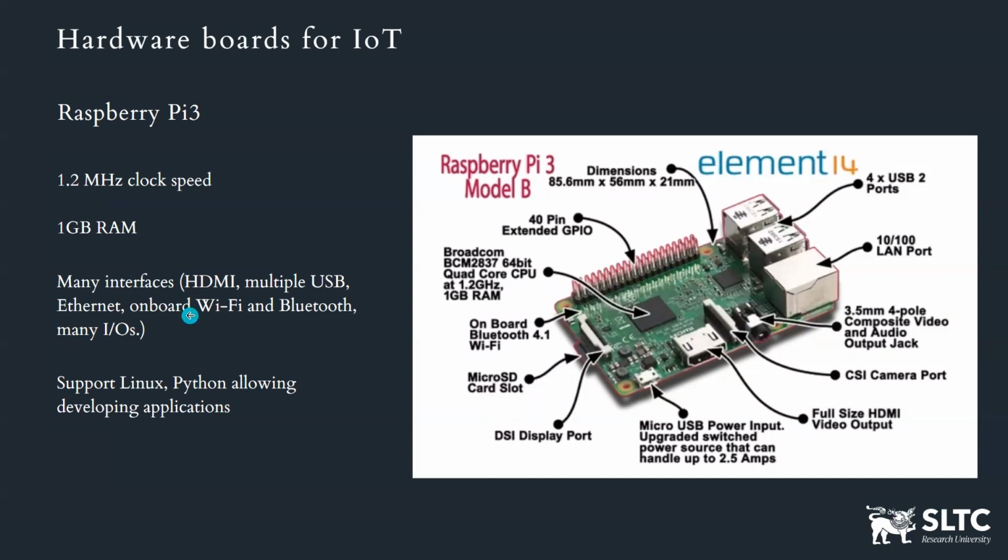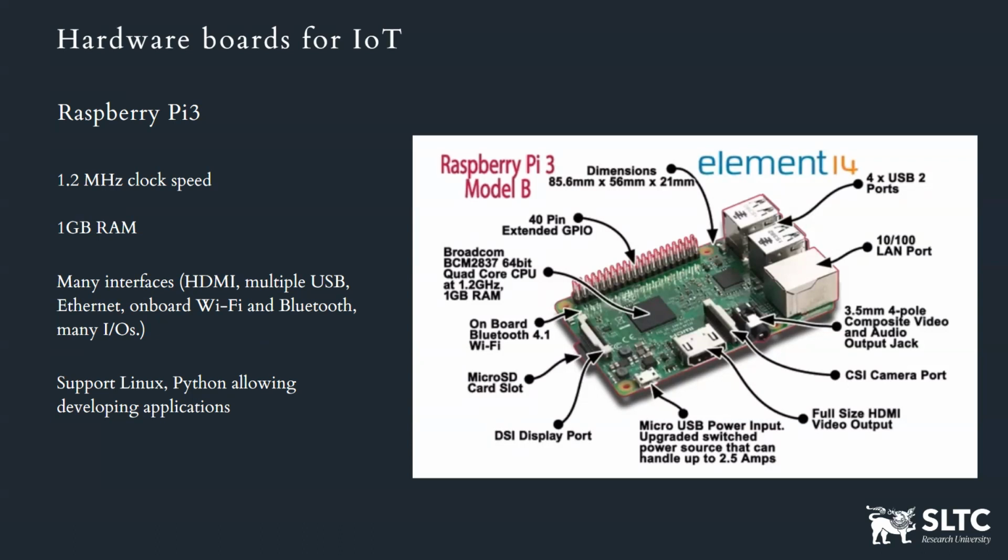It has multiple interfaces which allow the input signals to be directly connected to the Raspberry Pi board without any difficulty. We have HDMI ports, USB, Ethernet, onboard Wi-Fi, and Bluetooth connectivity pins and modules.